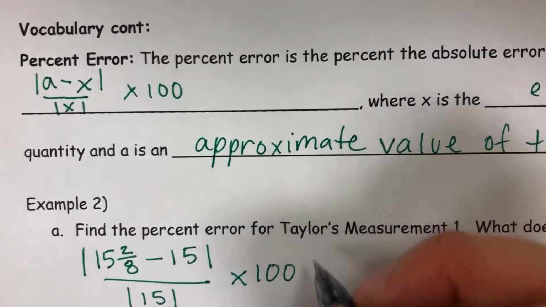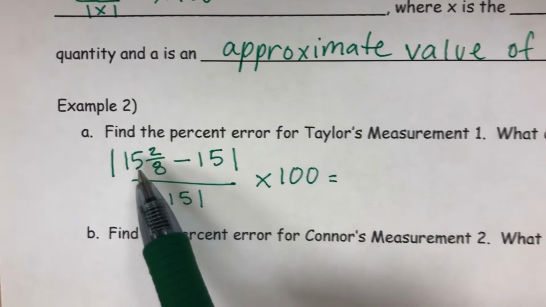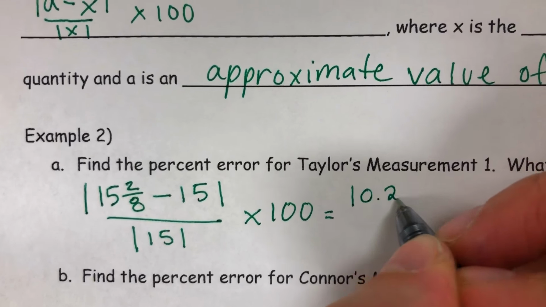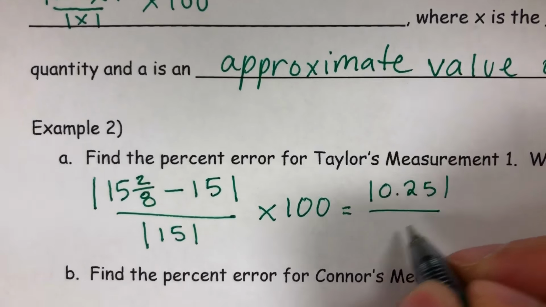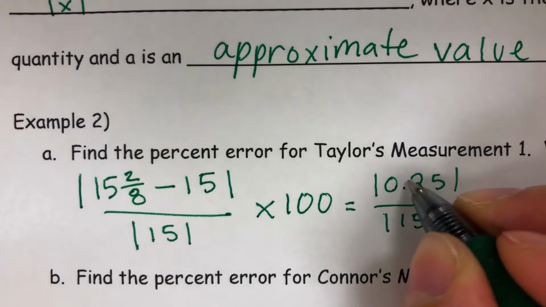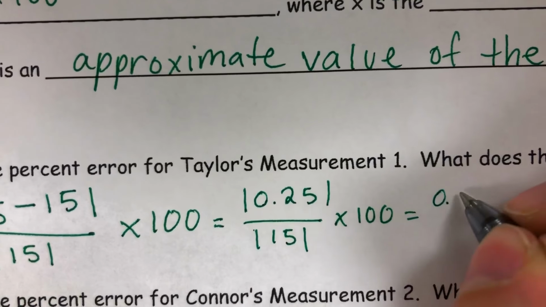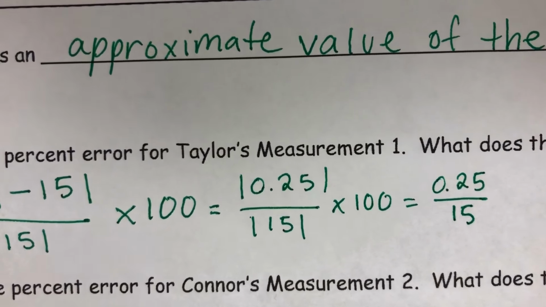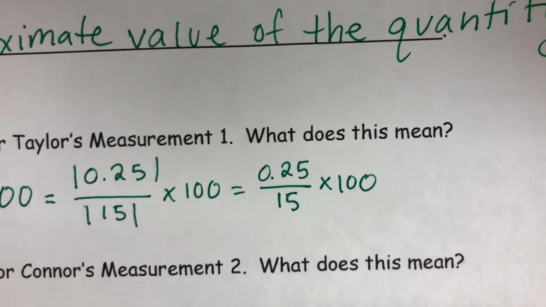Okay, we already did this on the front. We were left with 0.25 when we did 15 2/8 minus 15 over the absolute value of 15 times 100. Now the absolute value of 0.25 is 0.25. The absolute value of 15 is 15, and we're going to multiply by 100.